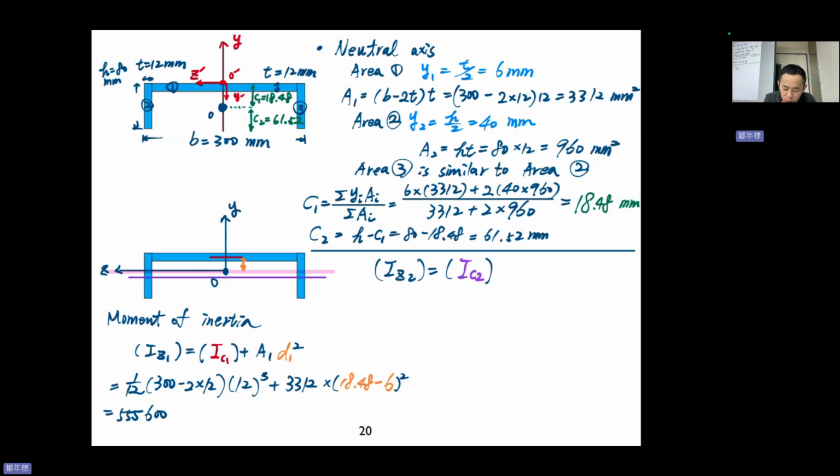Maybe A1 or A2 is better, right? Yeah, I should make it A2. Otherwise, you will be confused by the C1 and C2, right? A2. Sorry. A1. Area 1, area 2, all right?